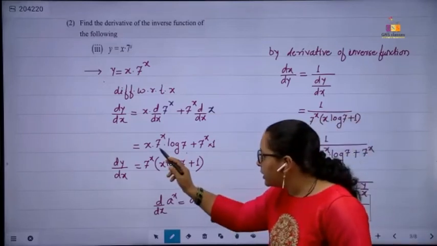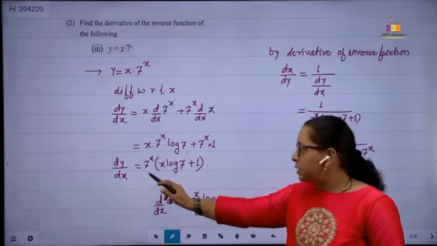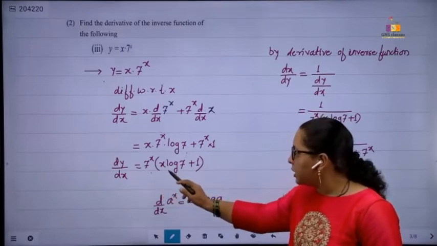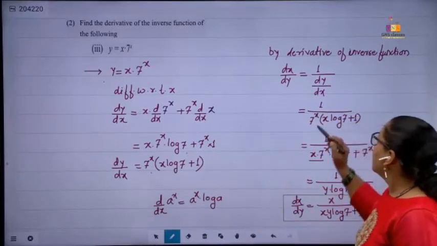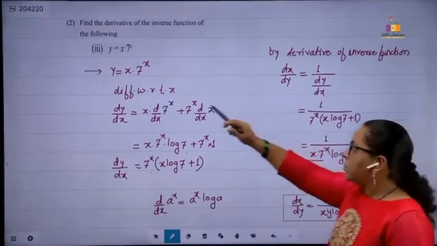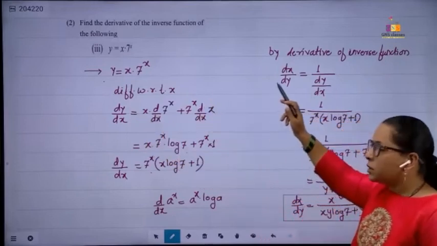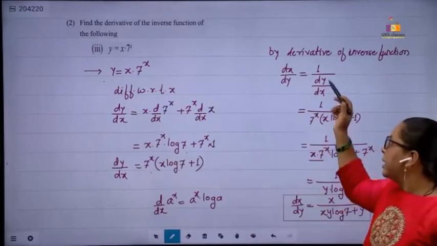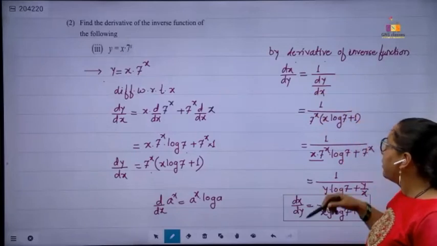Now 7 raised to x is common. We can take outside. So it is 7 raised to x into log 7 plus 1. Now by derivative of inverse function, when y is equal to f of x and x is equal to f inverse of y, then we write dx by dy is equal to 1 upon dy by dx.